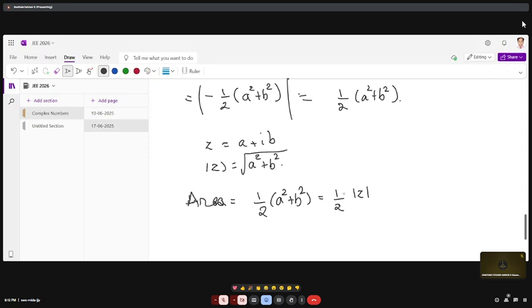So a square plus b square will be mod z squared. So we can put area equal to half into a square plus b square, which is the same as half into mod z squared.